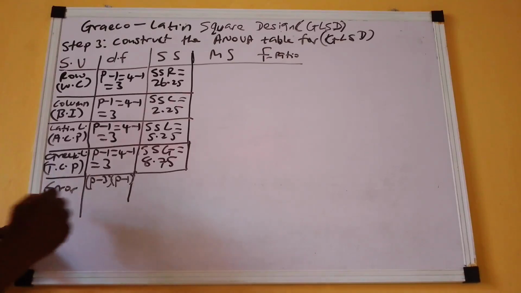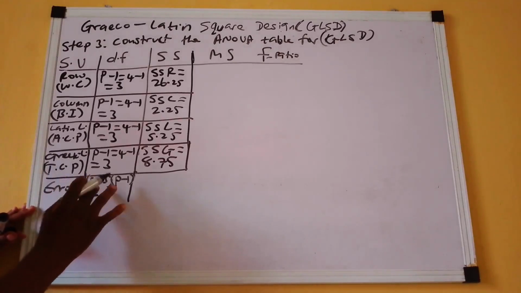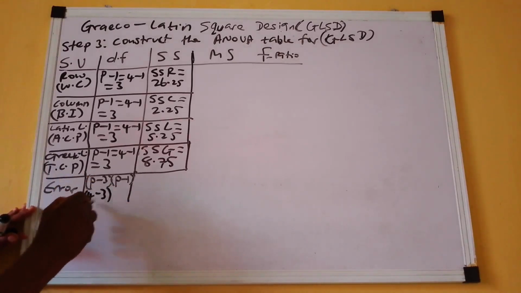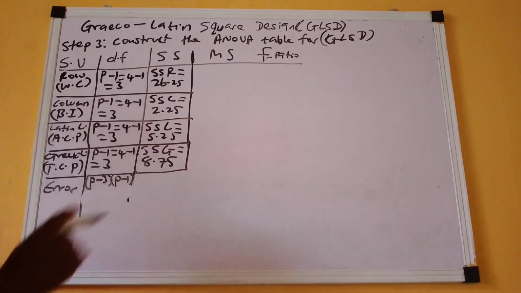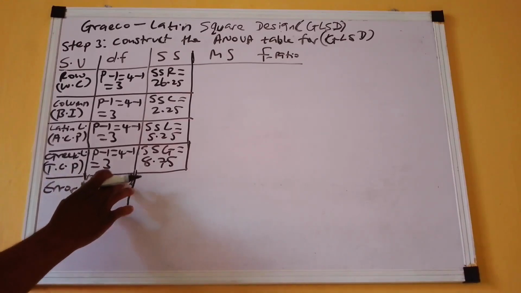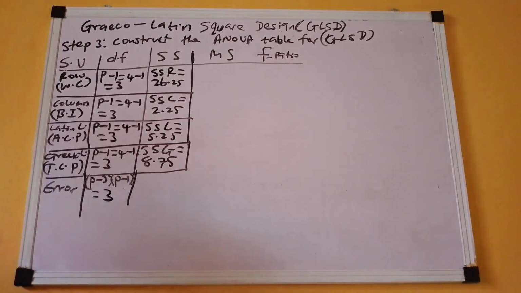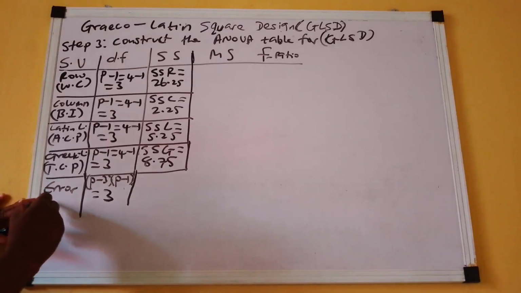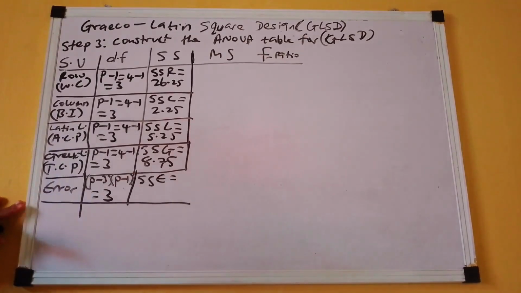Now P minus 3 will be 4 minus 3, which is 1, and 4 minus 1 is 3. 3 times 1 is equal to 3. Then our SS error is equal to 37.25.